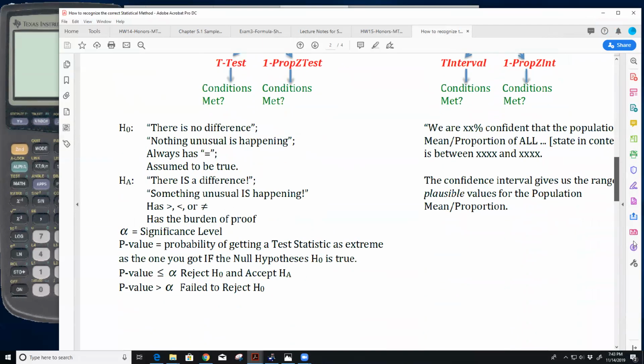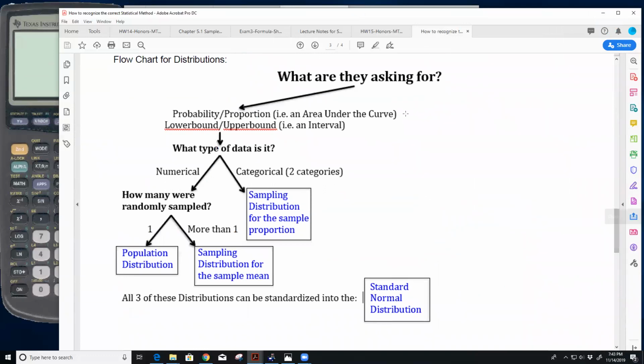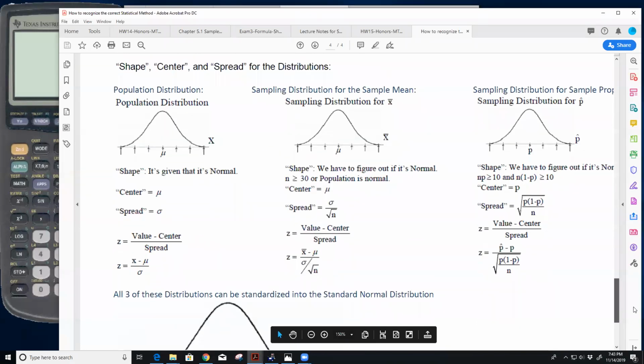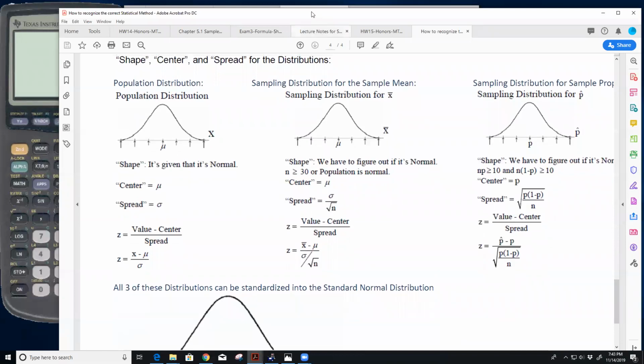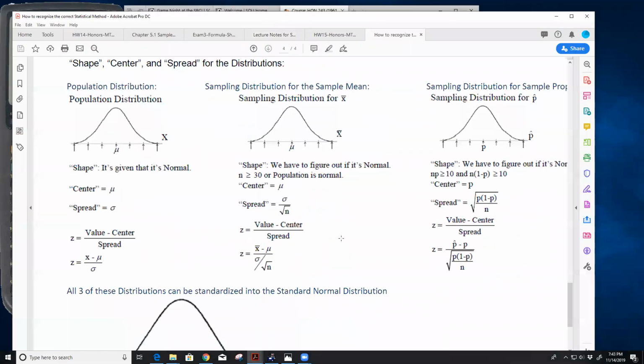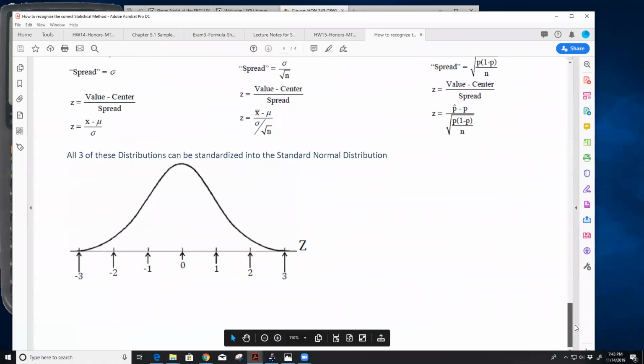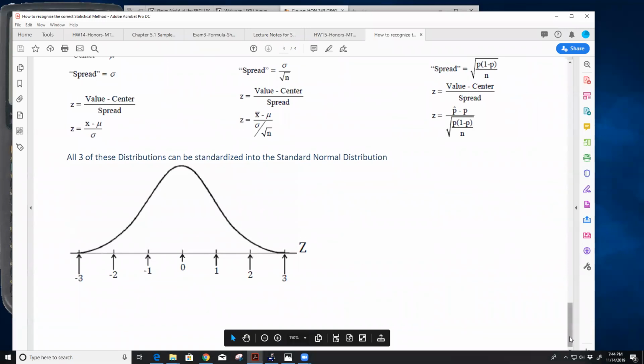Now, this is going way back to when you were trying to keep straight the difference between a population distribution, a sample distribution, and a sampling distribution. This summarizes the shape, center, and spread for these 3 different distributions, and all 3 of those can be transformed into the standard normal.